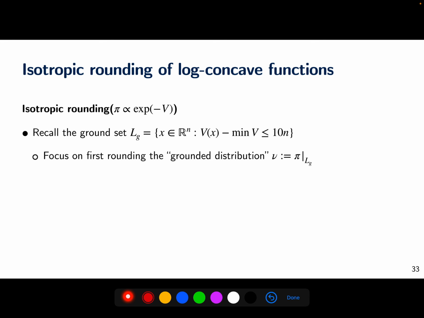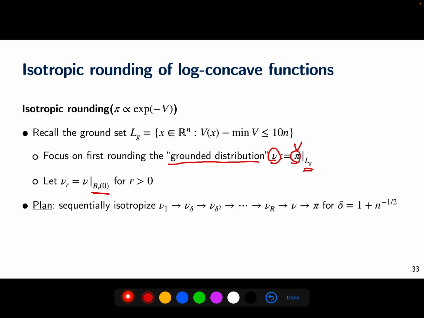To make our idea more concrete for log-concave distributions: instead of directly rounding phi, we first consider this grounded distribution, which is you just truncate the target distribution to this ground set, because this will streamline our analysis pretty significantly. And then let's also define nu r, which is a truncation of nu, the ground distribution, to a ball of radius r.